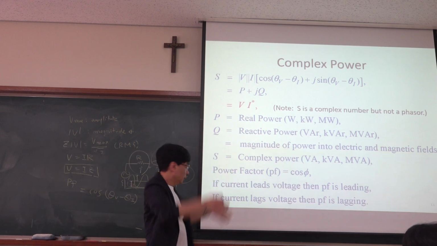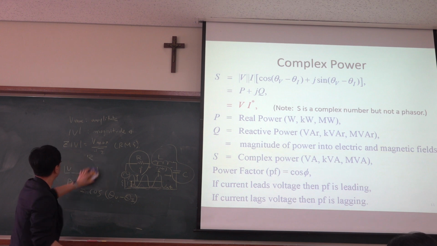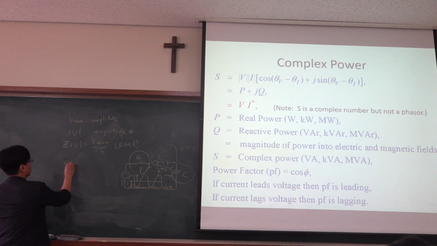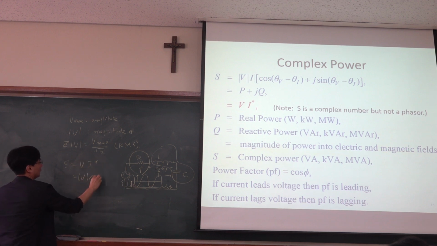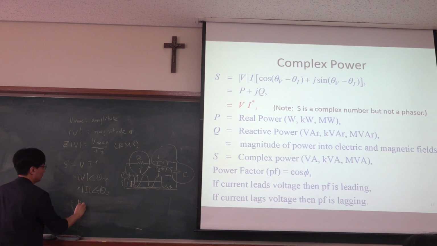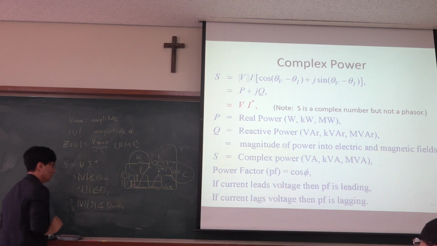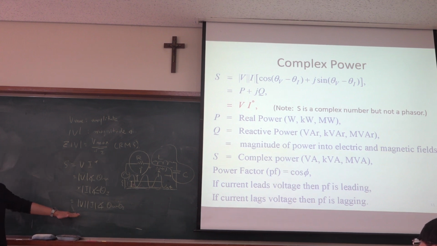So S equals V times I conjugate, and this is V at angle theta V times I at angle theta I, and then conjugate, so minus, so this is V I at angle theta V minus theta I. So we have the real part of this and the imaginary part of that.